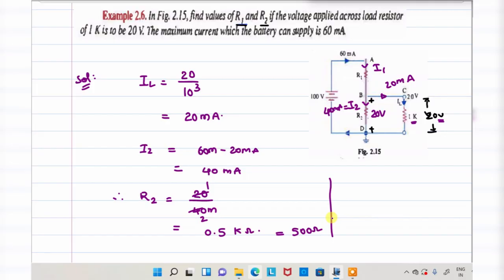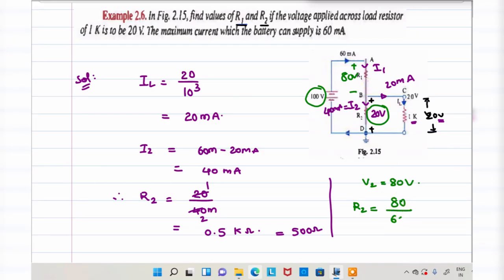Next, you found R2. How to find R1? This is 60 milliamperes, I1. What about the voltage here? The voltage in between these two is 100 volt. This is 20 volt. What about the voltage now? 80 volt. So V1 is equal to 80 volt. Then R1 is equal to voltage by current, 60 milliamp. R is equal to V by I. What is V? 80.